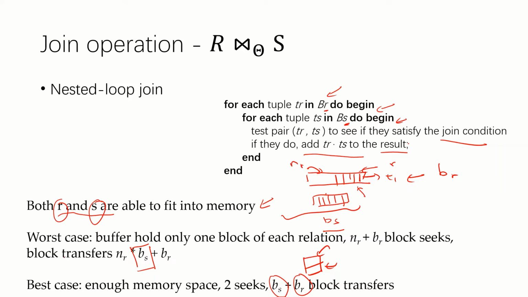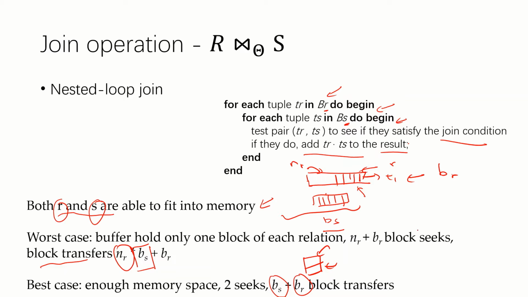And hence my block transfers is equal to the number of tuples in my outer loop multiplied by the number of blocks of the relation in my inner loop, and I add this with the number of blocks of my outer loop. Okay, so this is quite a handful. It may be a bit confusing initially, but you realize that it does make a lot of sense. And this is the cost of the block transfers.